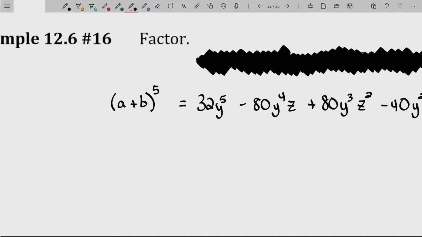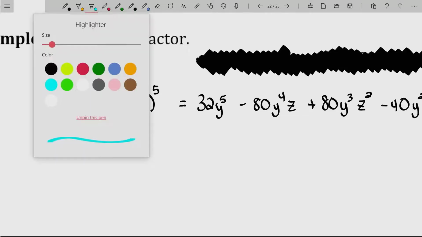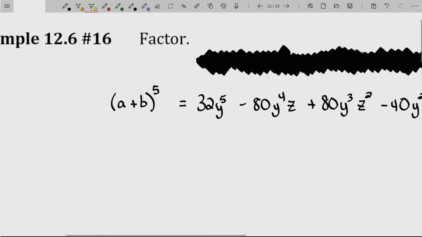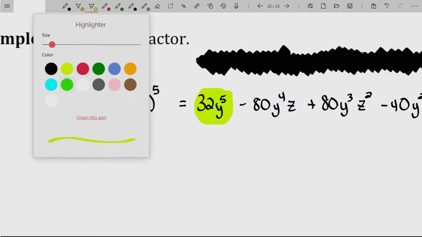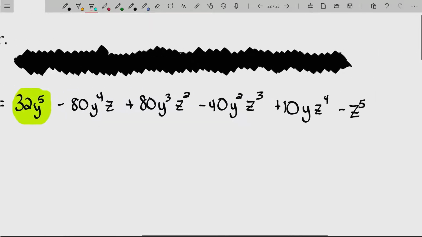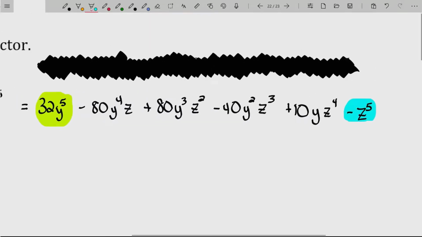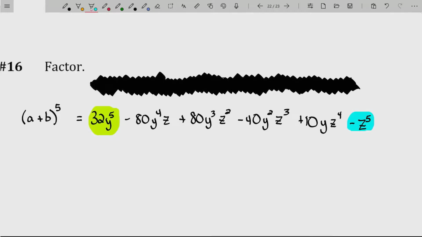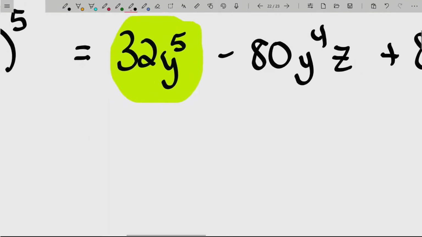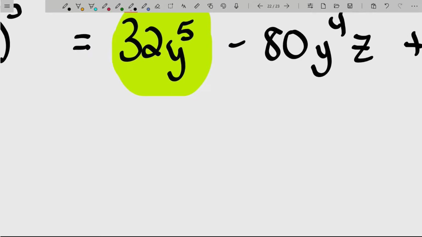Now our goal here is to find out what a and b are. And it turns out that you can find the pattern to a binomial expansion just by looking at the first term of the expansion and the last term of the expansion, if it truly is a binomial expansion. How? Well, the very first term is technically the 0th term, right?